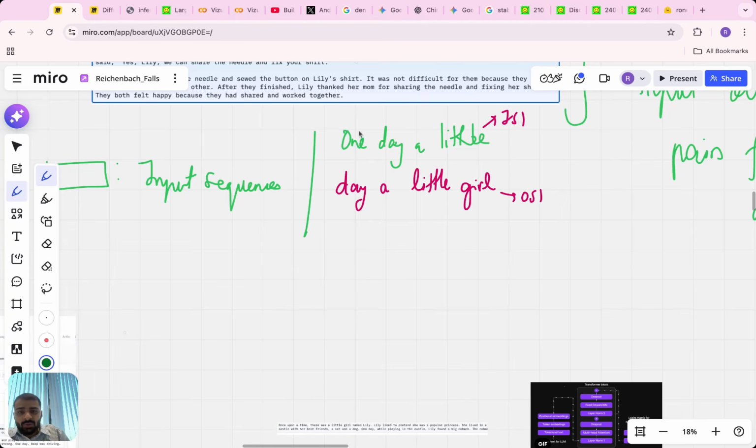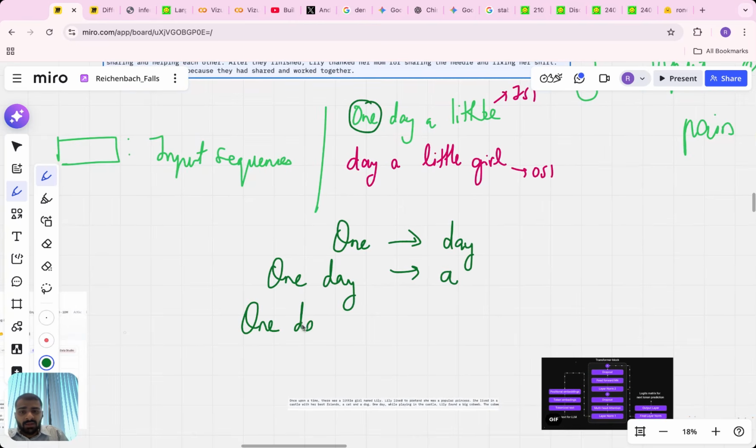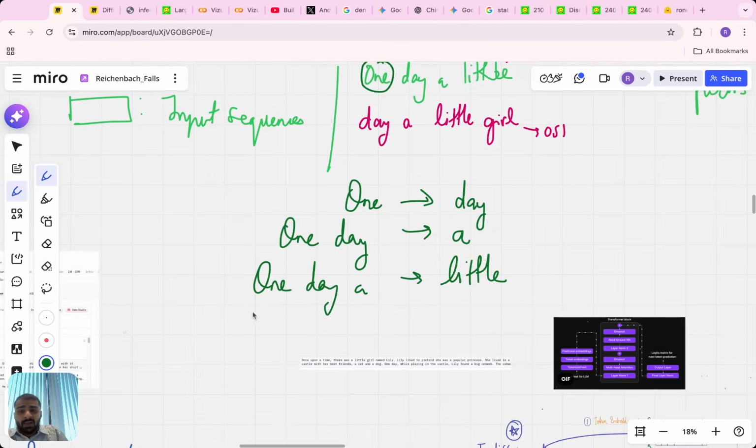So if "one" is the input, I want "day" to be the output. If "one day" is the input, I want "a" to be the output. If "one day a" is the input, I want "little" to be the output. And if "one day a little" is the input, I want "girl" to be the output.